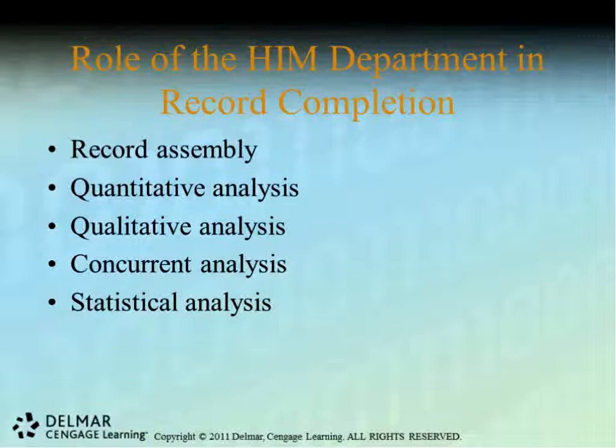Your book brings out a good point, which I hadn't personally thought of before, because I've been in certain facilities where they file those incomplete records in that incomplete file area based on providers.